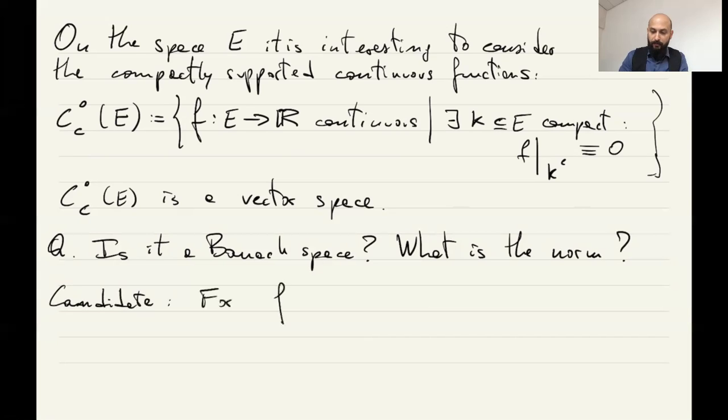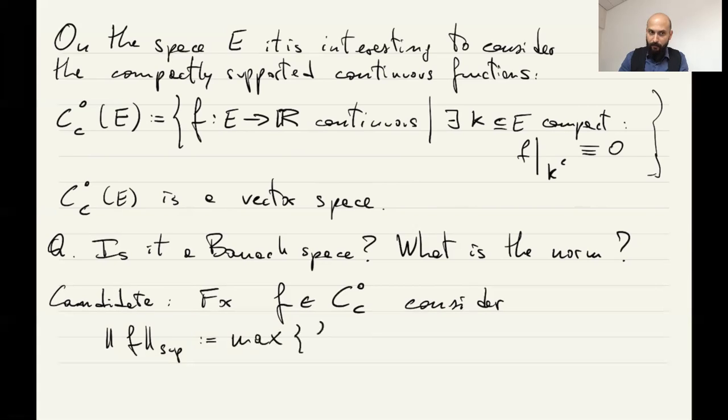So the candidate is, for f continuous with compact support, we consider the sup norm to be the maximum of f(x) over x in E, or maybe let's call it sup first. But then also we know that in the case these are continuous functions with compact support, this is really a maximum.